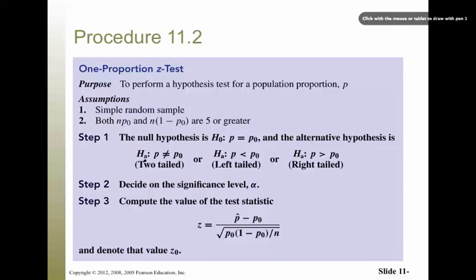So we're going to have a null hypothesis that the population proportion is a certain value, and then one of three alternative hypotheses, just like before. Either the population proportion is not the null value, it's less than, or it's greater than, just like we had before.